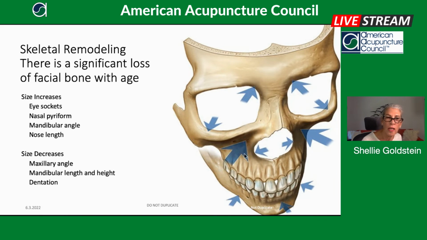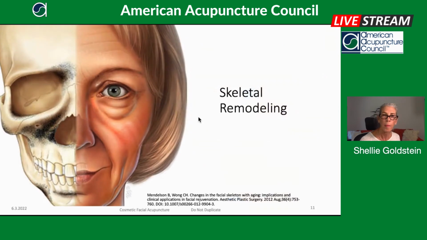You start to see changes in the height of everything, which pushes the teeth forward. When that happens, this is what you see. The darker areas are where the bone is starting to break down. What happens to all of the soft tissue on top? It's losing its support, it's losing its underlying foundation.